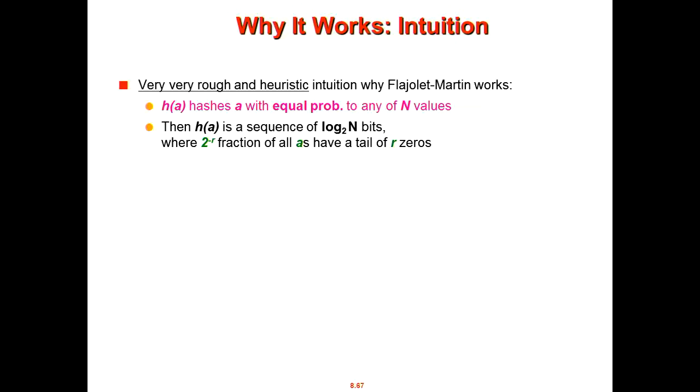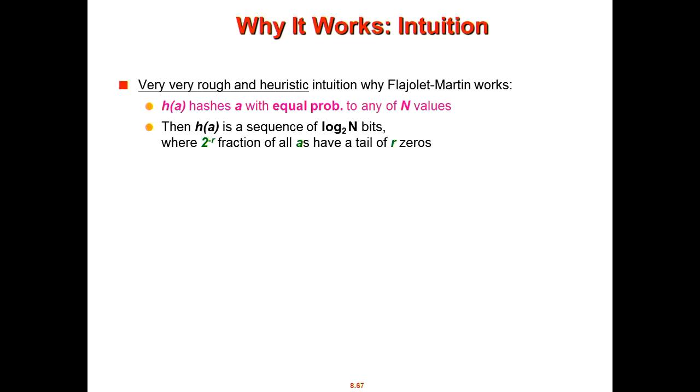So what does this mean? Given all the elements, about half have a tail of only 1 zero.